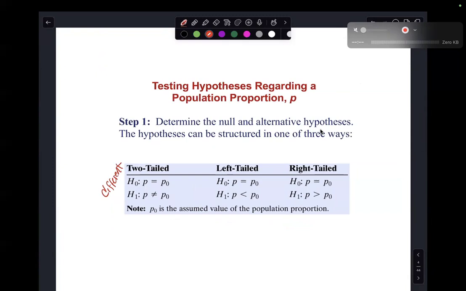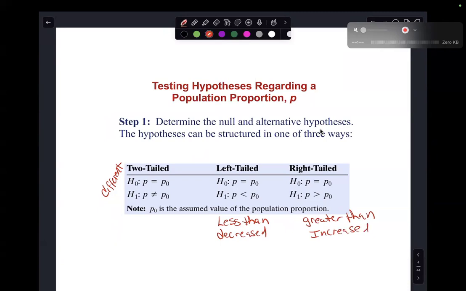A left-tailed test would be like less than, or would say decreased, or any of the words like that. And then our right-tailed would be greater than or increased, etc. So those are our three tests.